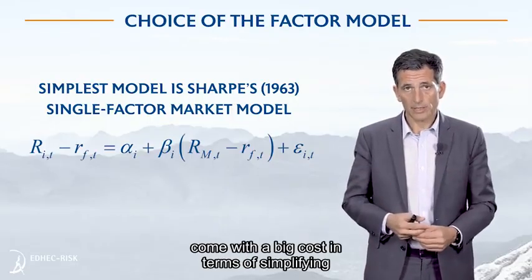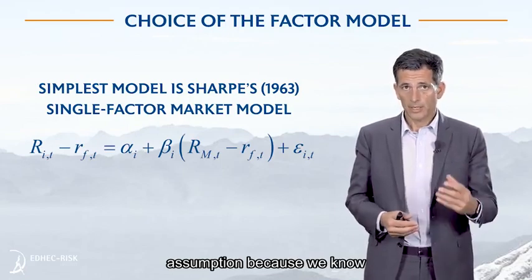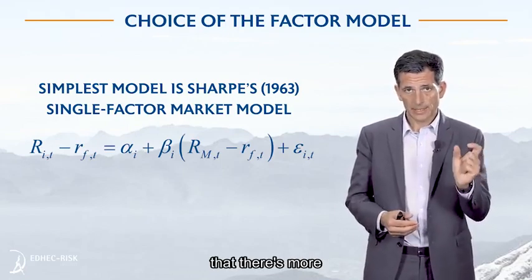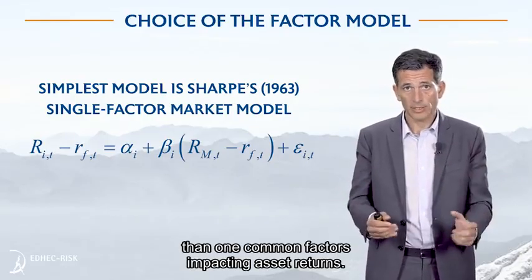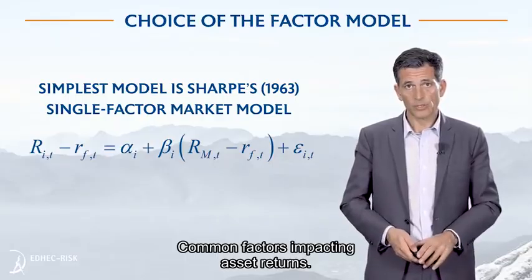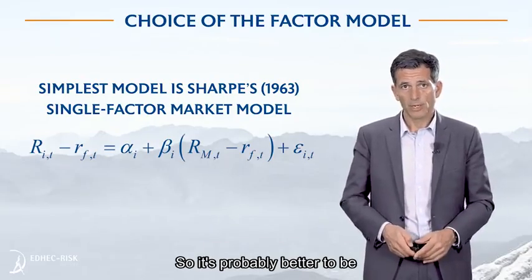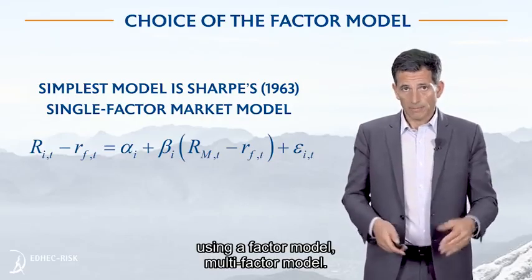a big cost in terms of simplifying assumption, because we know that there's more than one common factor impacting asset returns. There are typically multiple common factors impacting asset returns. So it's probably better to be using some kind of a multi-factor model.